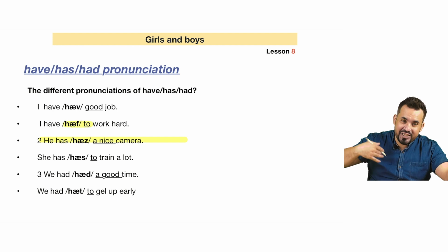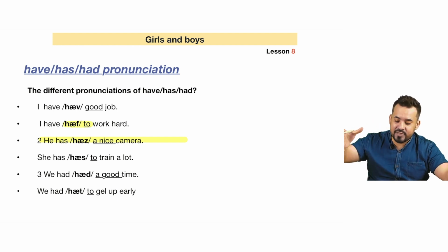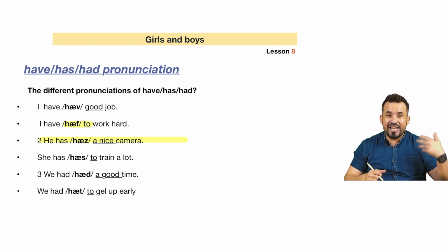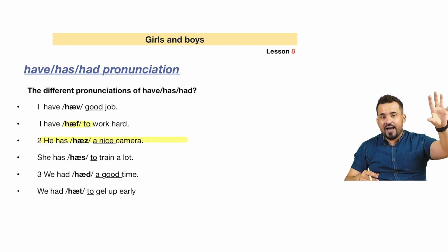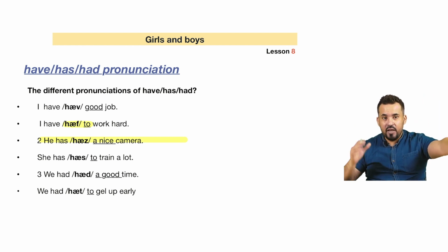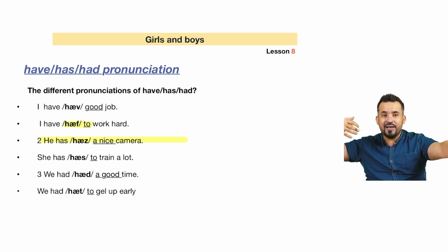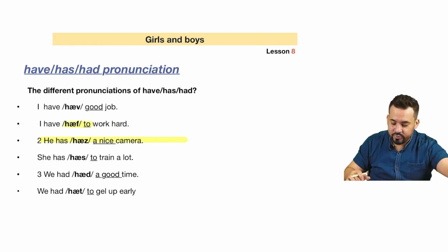She has to train a lot. He has a good camera. So if it's on its own, has is pronounced like a z. But if it's followed by to, it will be pronounced as an s sound.